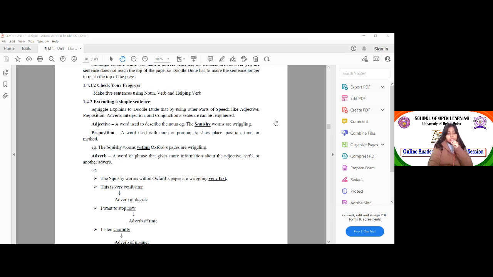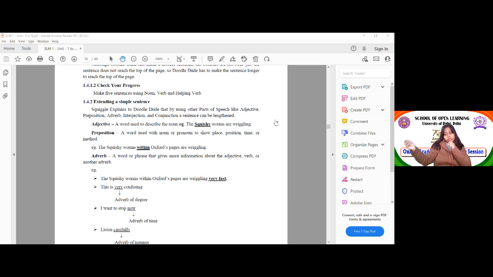So a preposition is a word governing and usually preceding a noun or a pronoun and expressing a relation to another word or element in the clause. So what does this mean? It is a word which usually comes before the noun or the pronoun. Like I said, I am at the door. It is coming before the door.